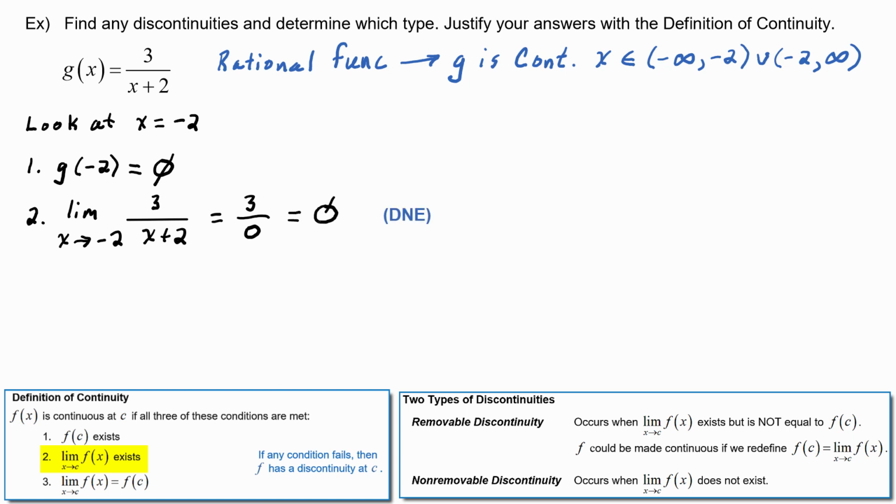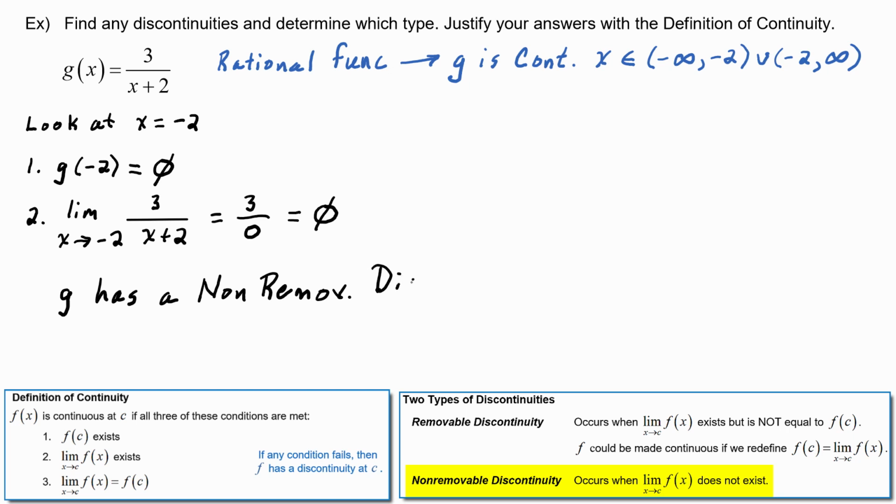Or we can use the undefined symbol, either one. Now, because the limit did not exist, we know that means that G has a non-removable discontinuity at x equals -2.